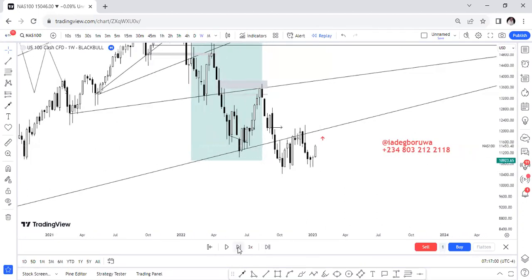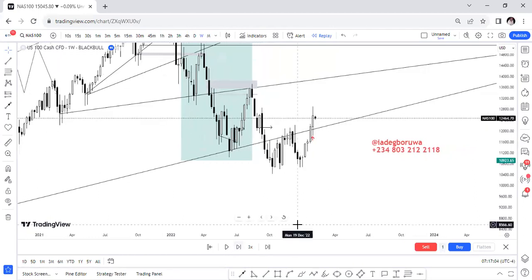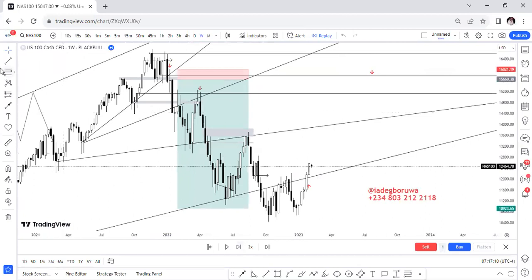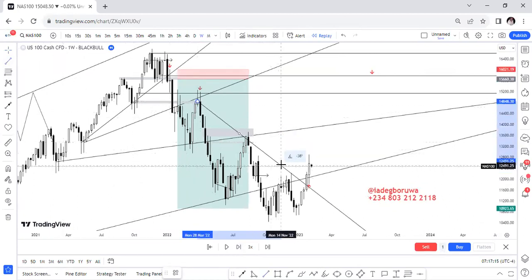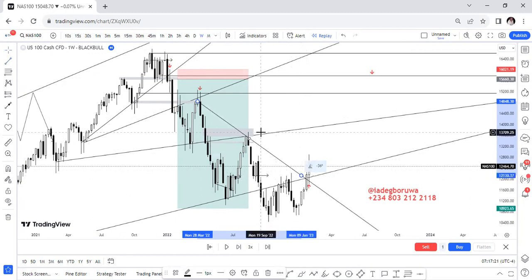So I want to see this. Now you see this one here. This one comes from a confluence of two trend lines here. This is 1, 2, 3, right?